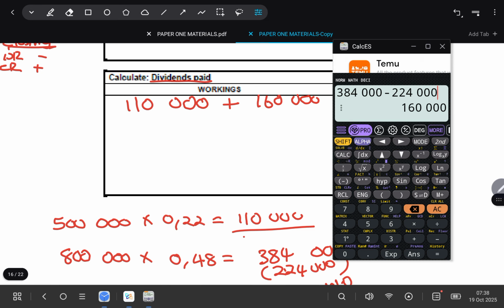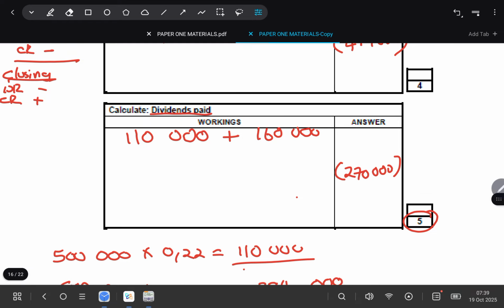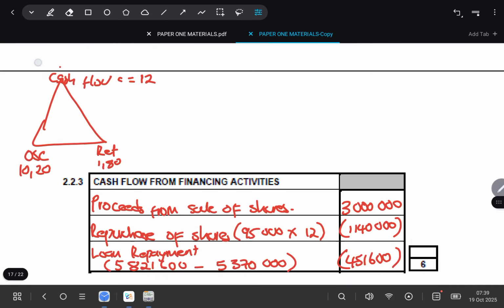So you're going to say 110,000 plus 160,000, which gives you 270. So our dividends paid is 270,000, because remember our paid is last year's declared plus this year's interim. Okay, so that's how you can easily end that 5 marks.